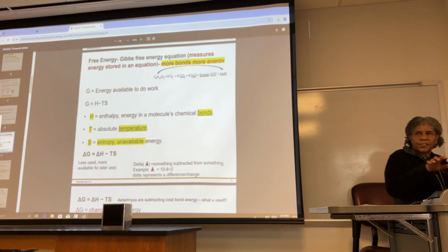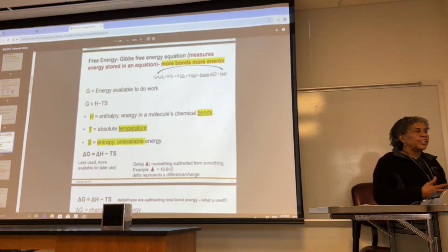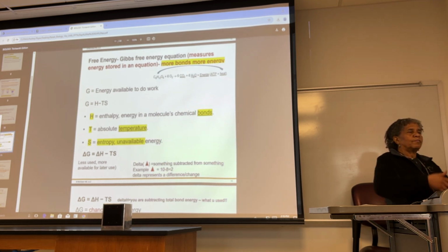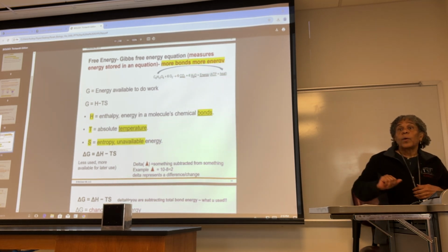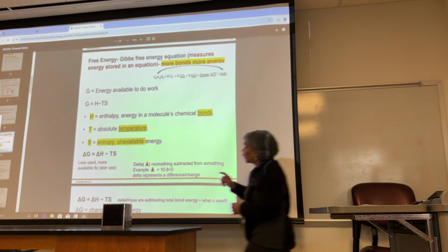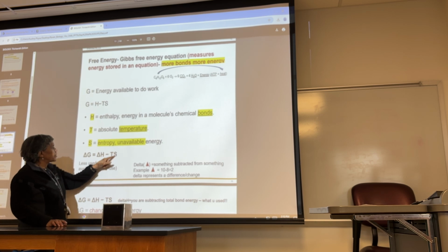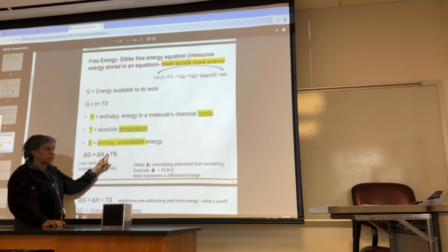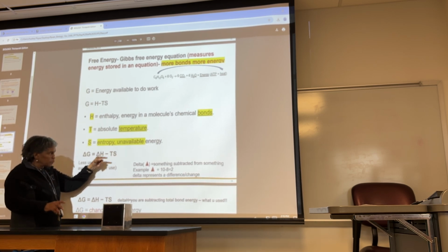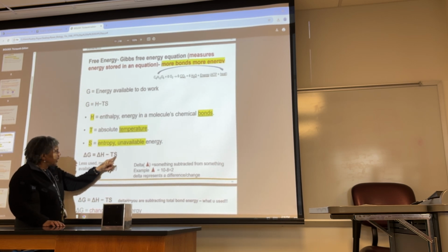Physicists would hate me for describing it like this, but Gibbs free energy is related to the amount of free available energy you have related to that equation. This is the heat, which measures temperature, and the entropy.